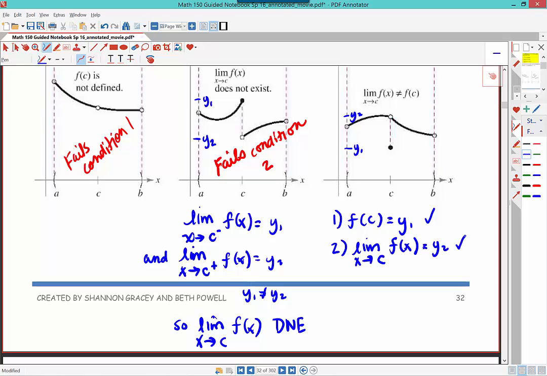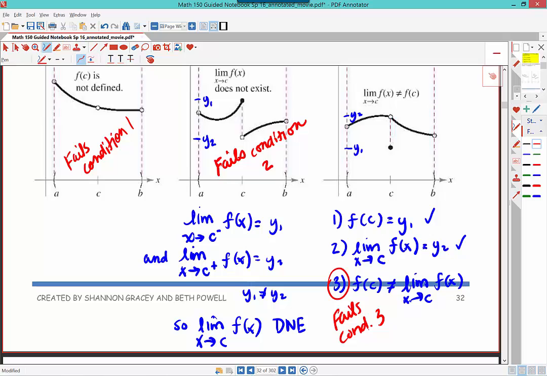And so that one works out. But the third condition, right, do you see that f of C is not equal to the limit as x approaches C of our function? So it fails condition 3.